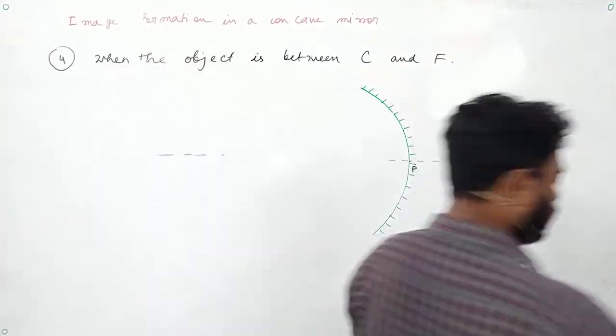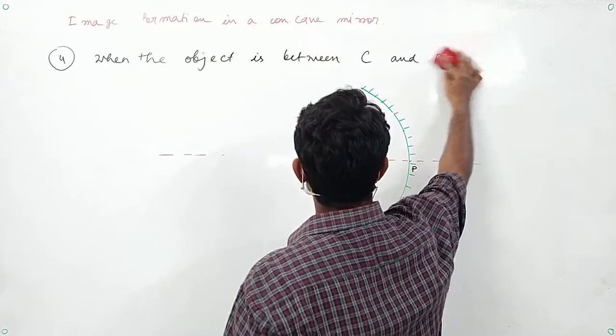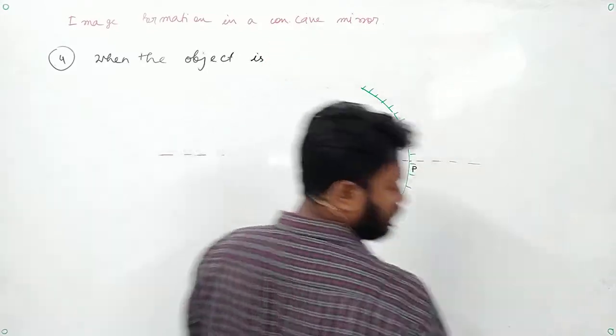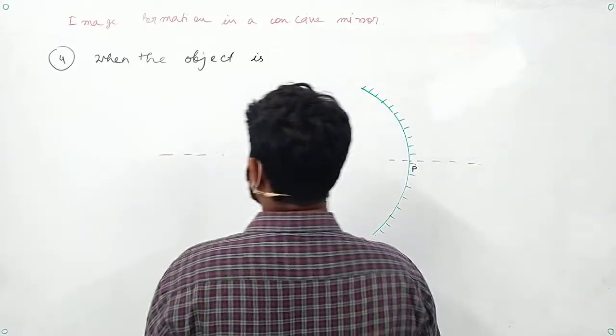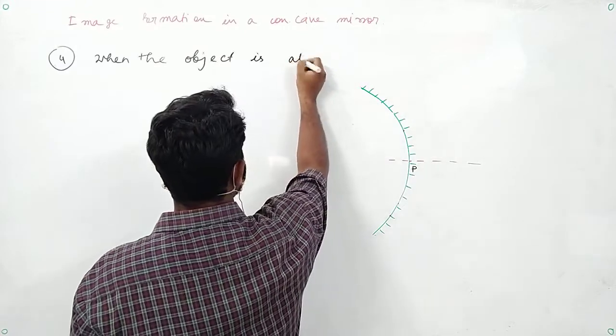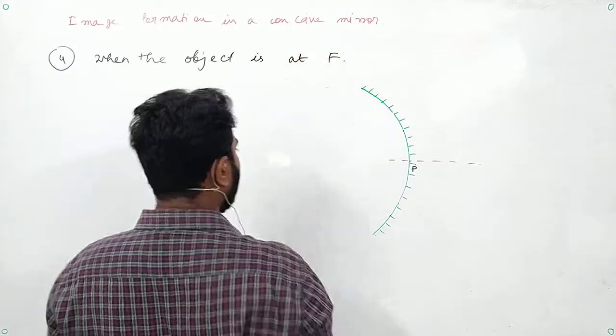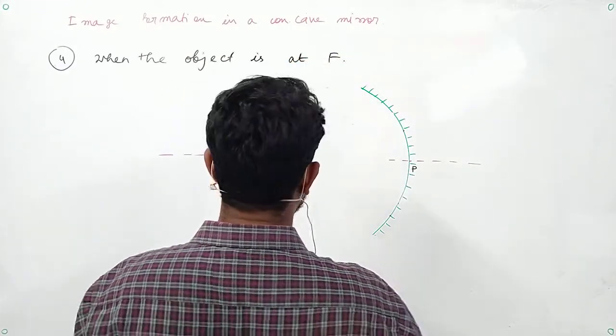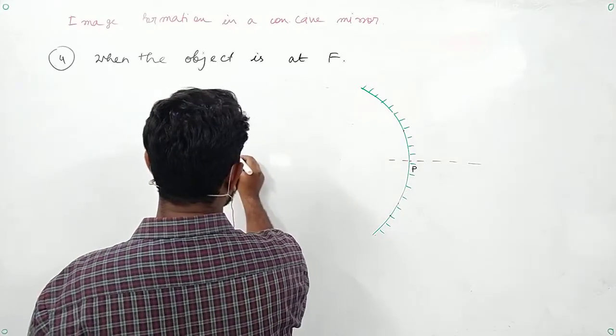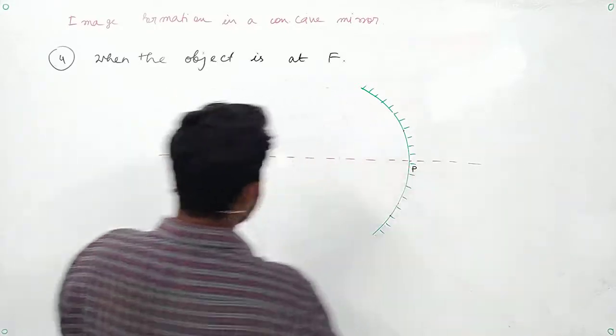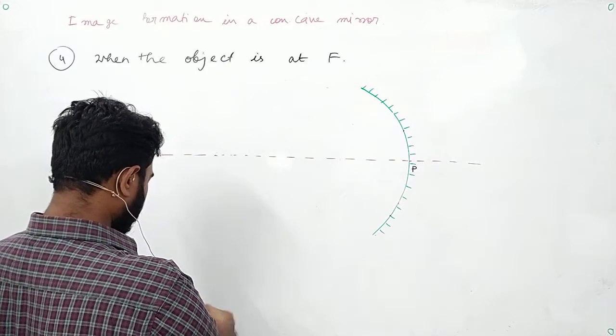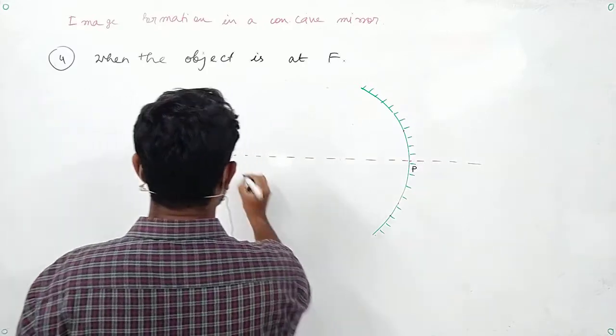Next part, when the object is at F, when the object is at focus. Okay, let us draw the principal axis first. Now, let us draw the center of curvature.